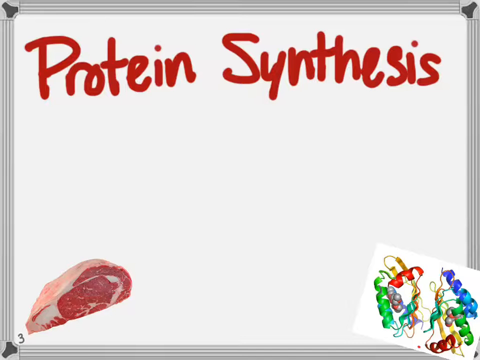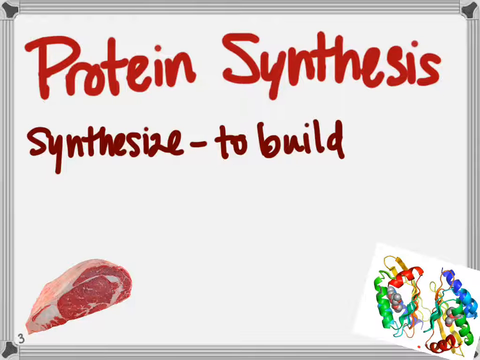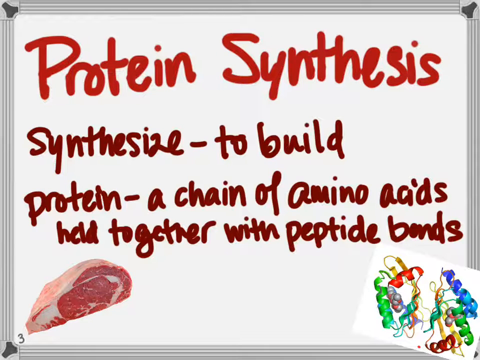Seriously. The process of building proteins is called protein synthesis. To synthesize is just to build something, like photosynthesis builds things out of light, and protein synthesis builds proteins. Remember, proteins are just chains of amino acids held together with peptide bonds and then folded like crazy.